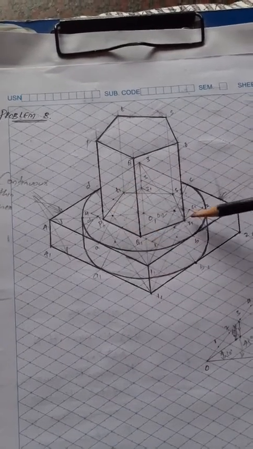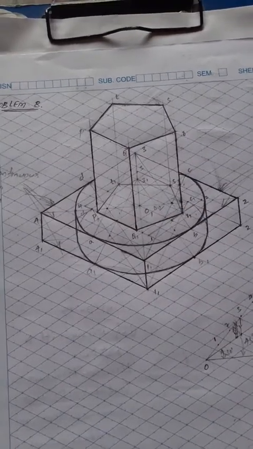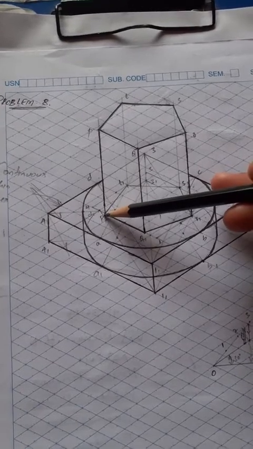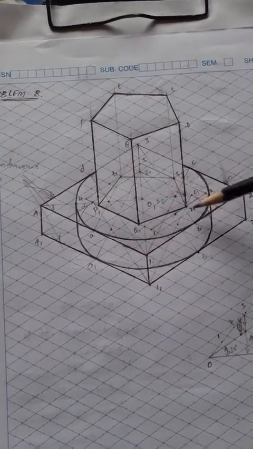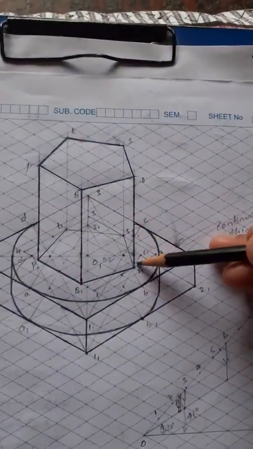Now we join these by a continuous thick line, and you get the bottom face of the pentagonal prism. It's a prism, right? From each corner draw a vertical line. What is the height here? Given, it is 60 mm. Now measure 6 blocks.